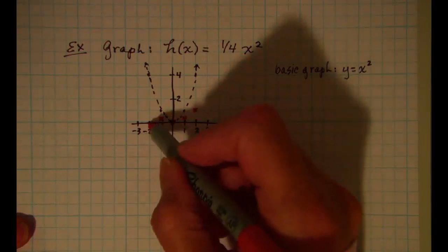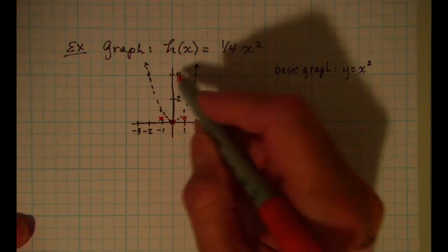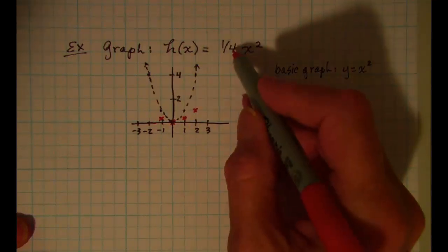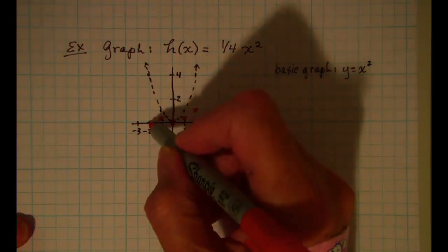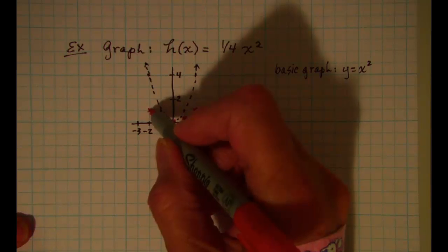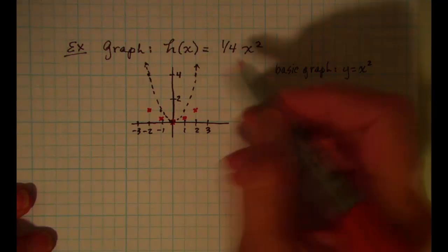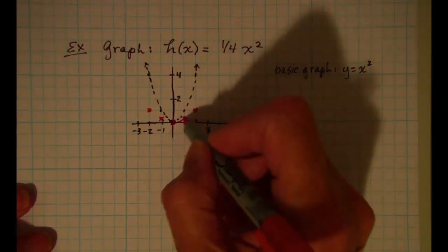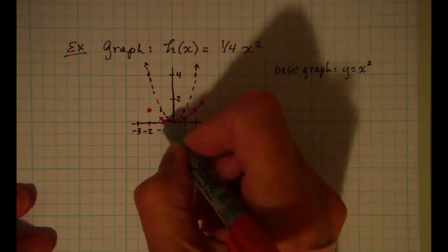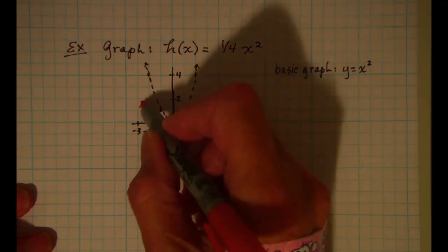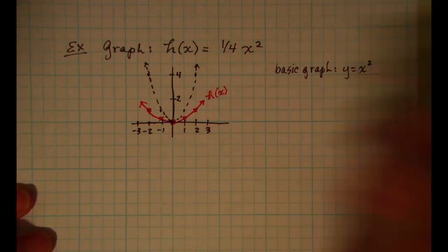When I go left 2, I would normally, for my basic graph, be sitting on 4, but I need to multiply that by 1/4. So for my h of x graph, I'll be sitting at 1. So the graph of h of x now goes through these red x's. This is h of x.